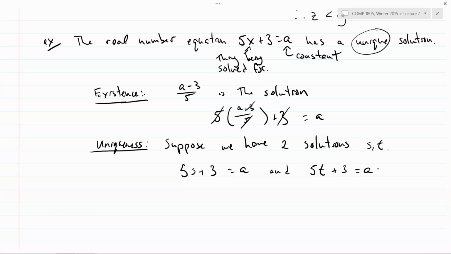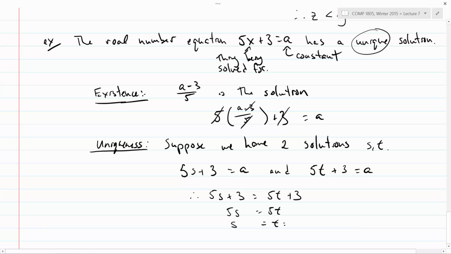Since they're both equal to a, we know that 5s plus 3 equals 5t plus 3, because two things that are equal to the same thing are equal to each other. Now we can cancel a plus 3 from both sides to get 5s equals 5t, and cancel a 5 from both sides to get s equals t. So is this a problem?